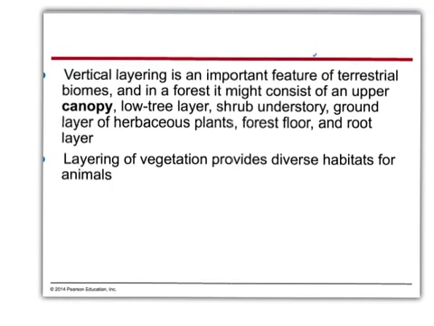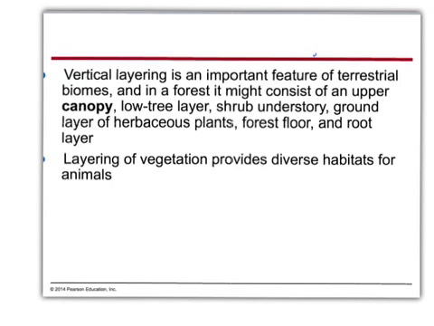So, an upper canopy, a lower tree layer, shrub understory, ground layers of herbaceous plants, the forest floor, the root layer. Think about the layering from the top, where these trees extend up and produce this big canopy of leaves meant to capture as much sunlight as possible.